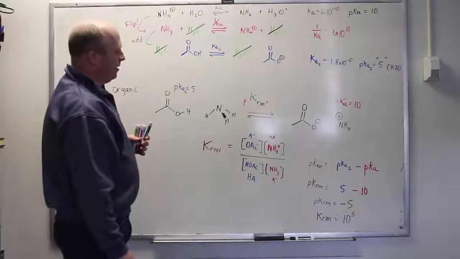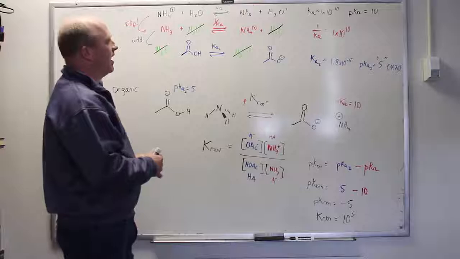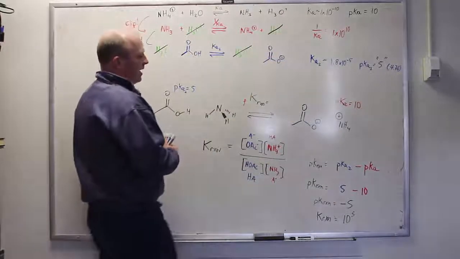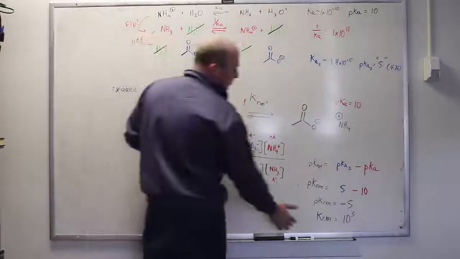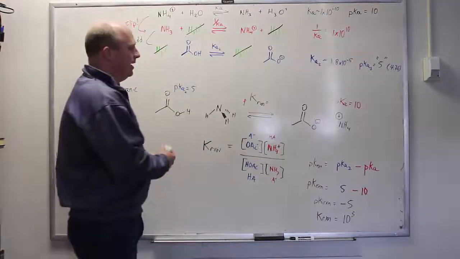Do I want you to be able to do the math? No, I don't want you to be able to figure out what the actual K reaction for anything is. But you should be able to say, okay, yes, this will happen, or no, it won't happen. And it's useful to have a ballpark number. 10 to the 5th sounds like a really big number, and it is.